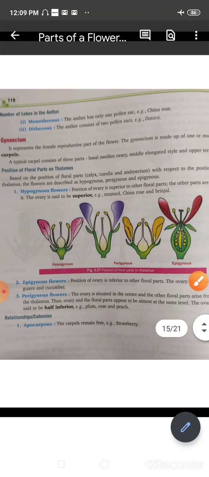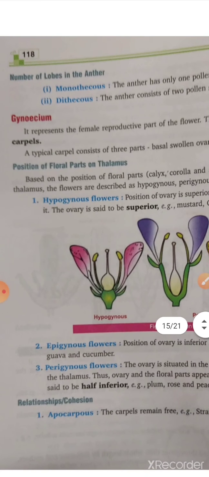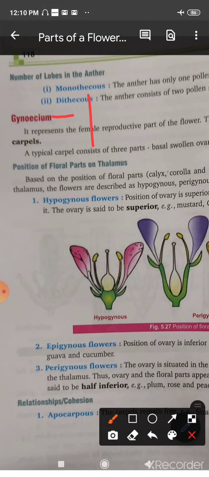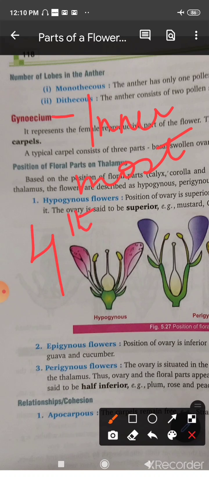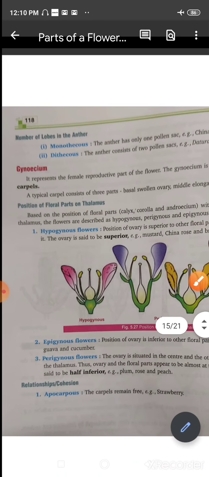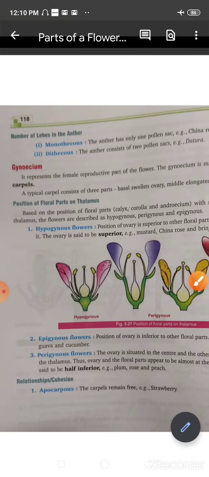And we come to the innermost whorl, that is the gynoecium. This is the innermost whorl, or we can say that it is the fourth whorl, right? Now this represents the female reproductive part.